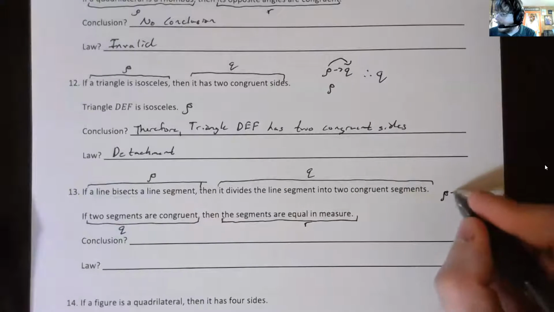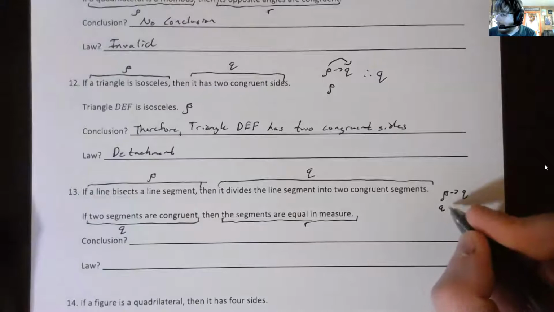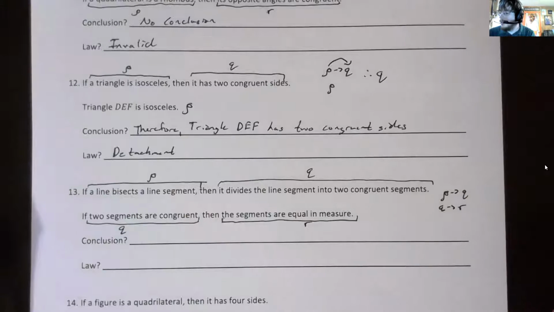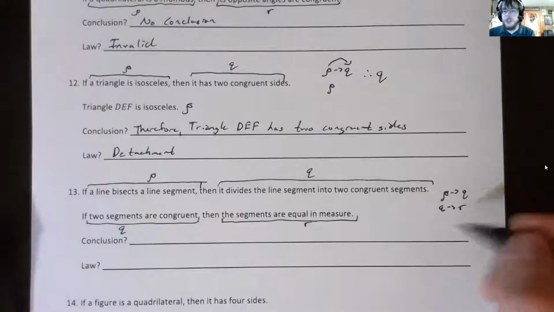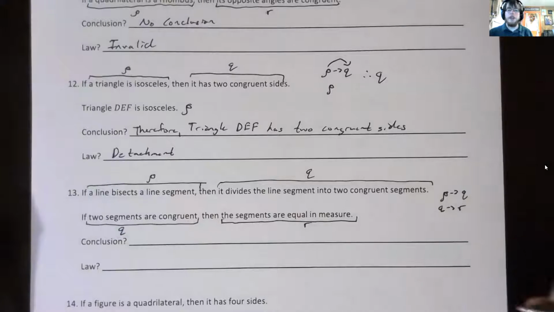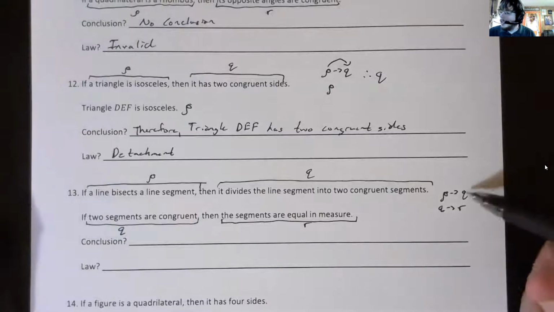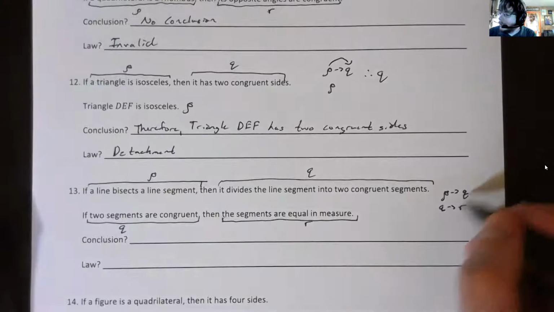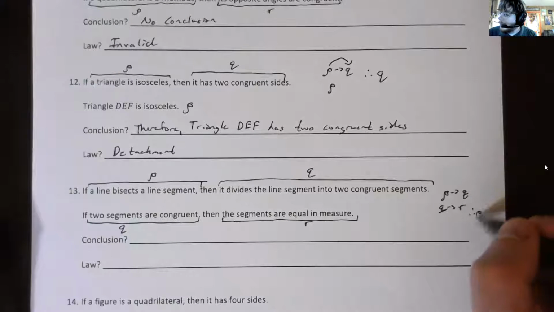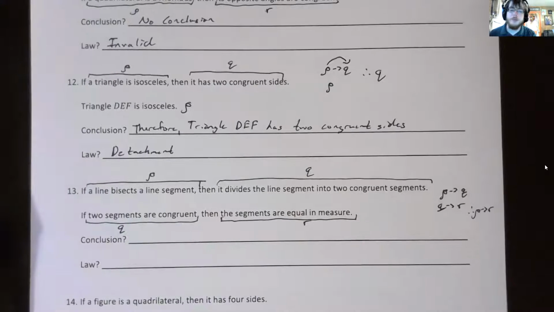So we have P implies Q, Q implies R. Do your diagonals match here since we have two if-then statements? The answer is yes, these Q's match. So we can say, therefore, P implies R is true.